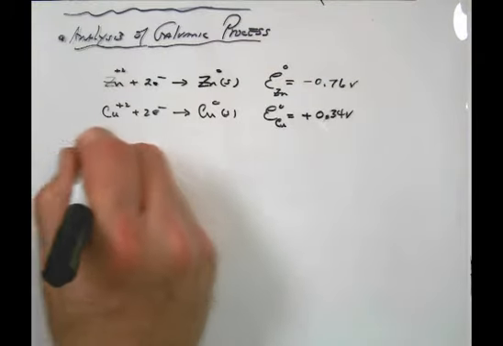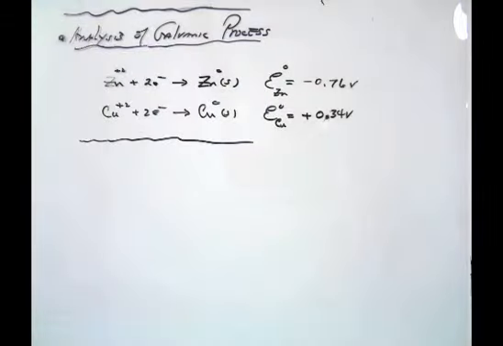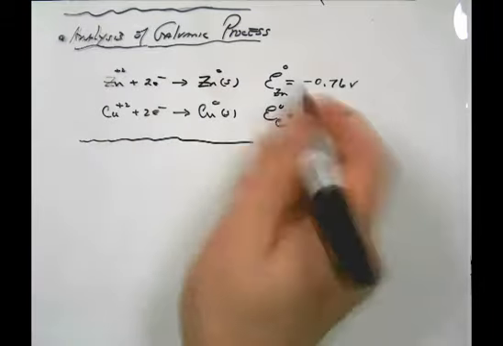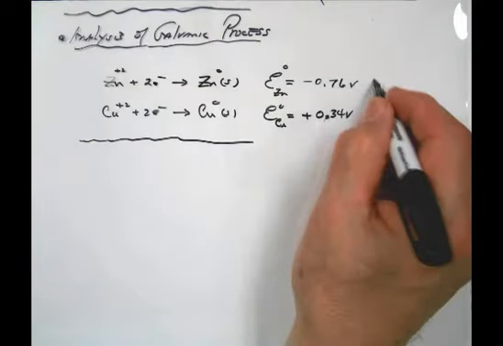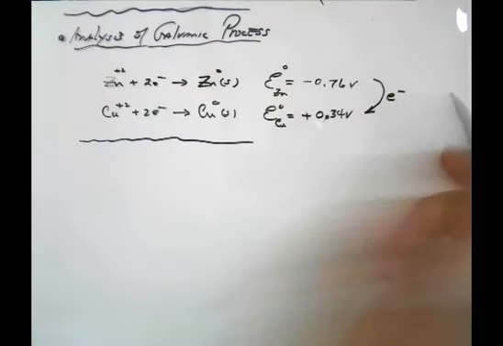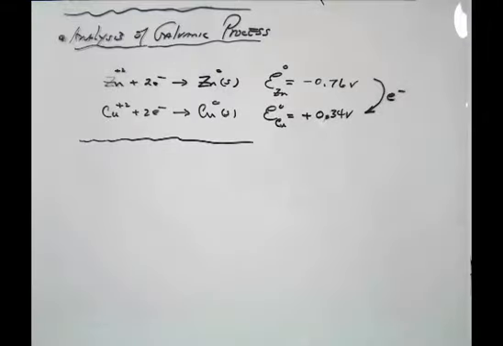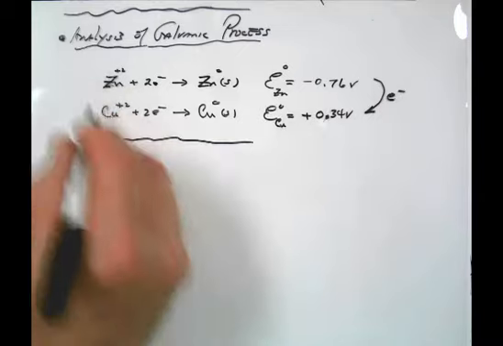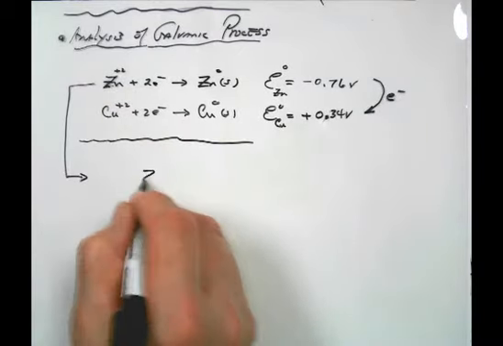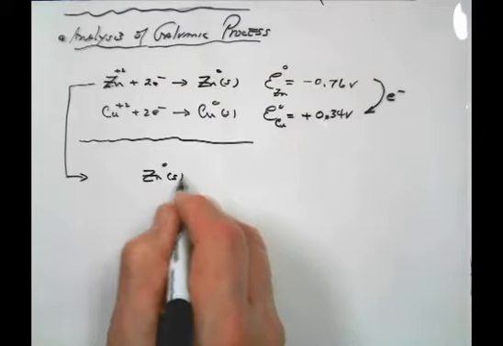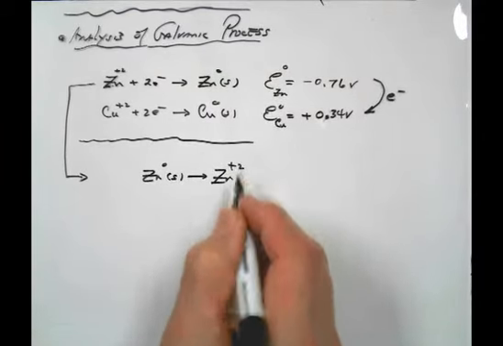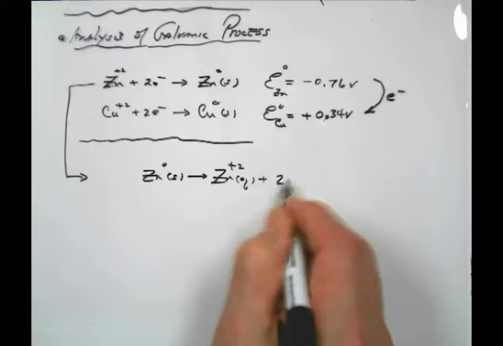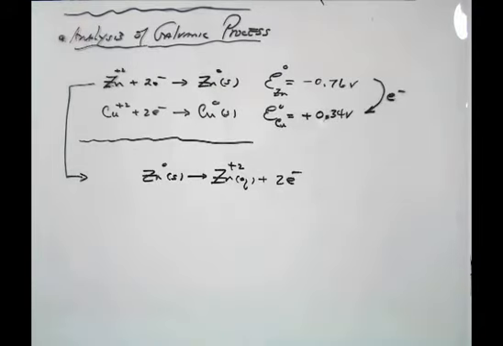So this is the way the reduction table will come to you, like this. What you have to realize is the electron flow goes like that. So if you were going to describe a battery that's generated using these two reactions, the first thing you'd have to do is reverse the zinc reaction so that it shows zinc undergoing oxidation and delivering its electrons out there.